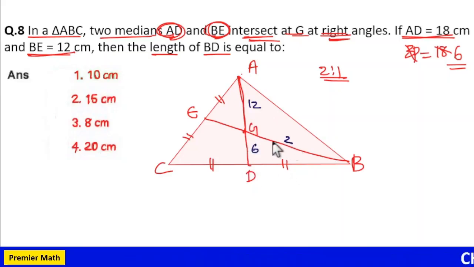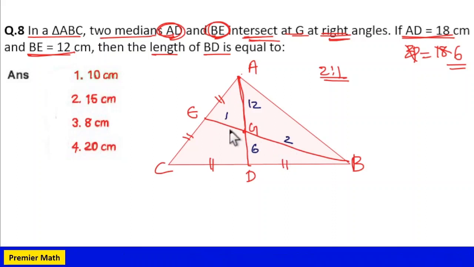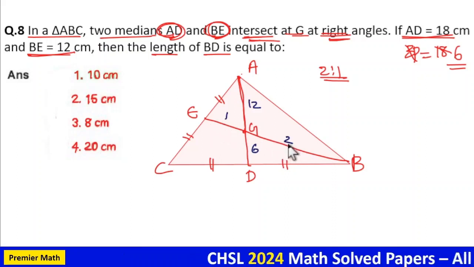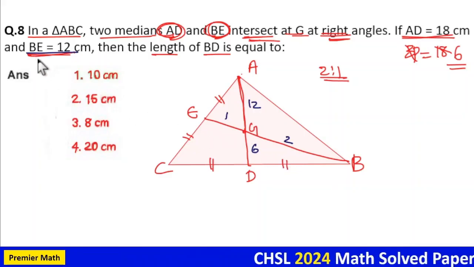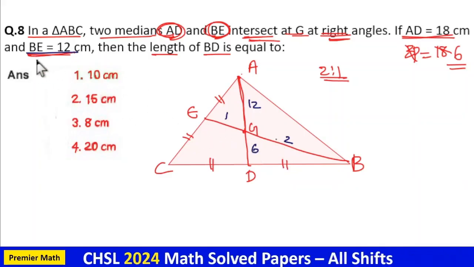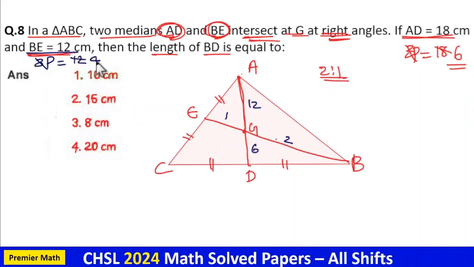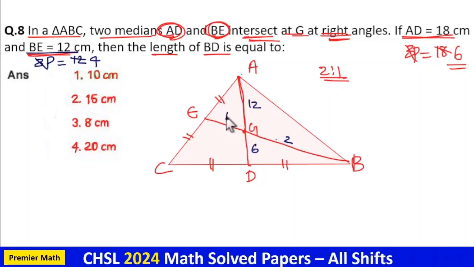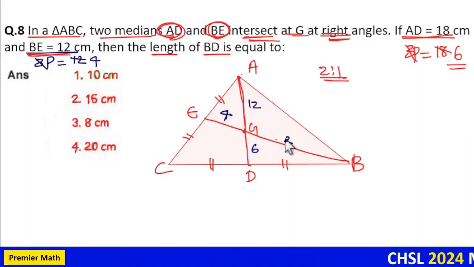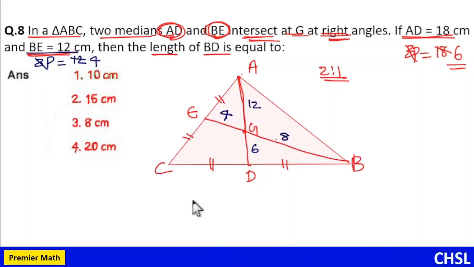Now in the same way, this median also bisects at 2:1 ratio. Now here BE is 12 centimeter, which means 2 plus 1, 3 part is equal to 12 centimeter, then 1 part is equal to 4 centimeter. If 1 part is 4 centimeter, this length is equal to 4 centimeter and this length is equal to 2 into 4, 8 centimeter.